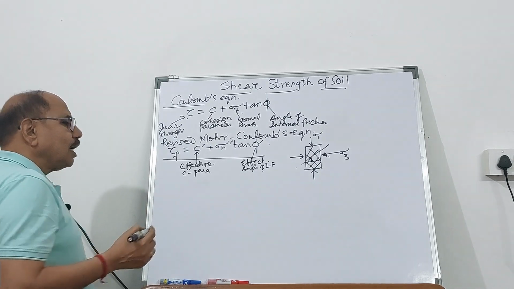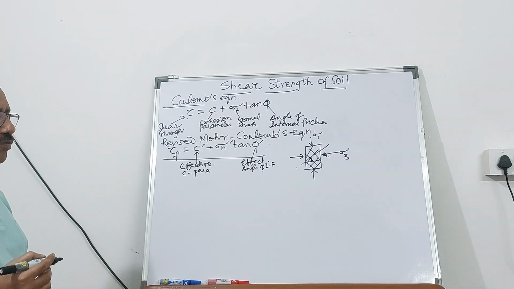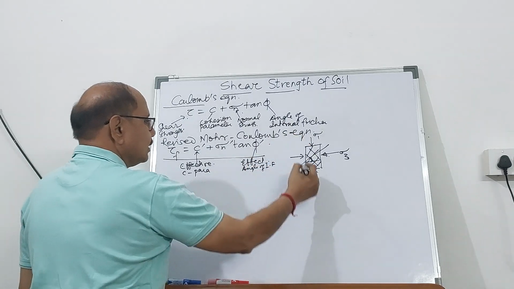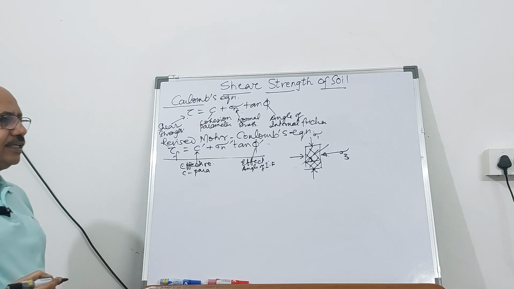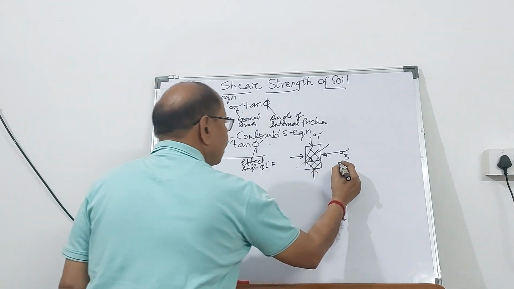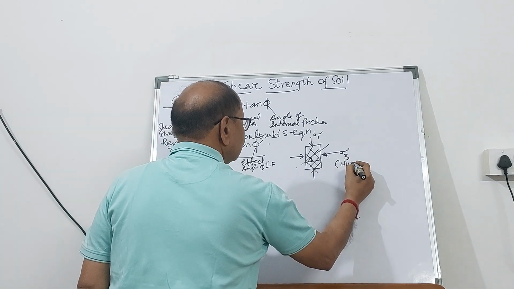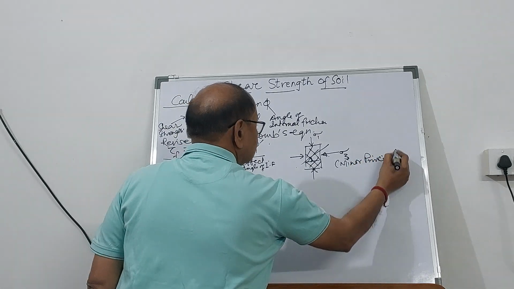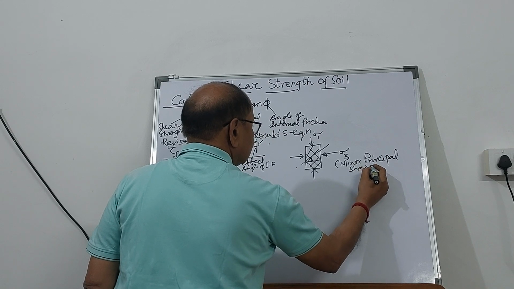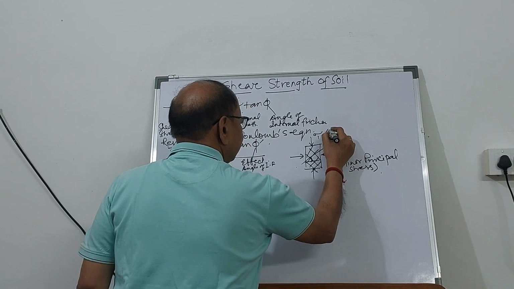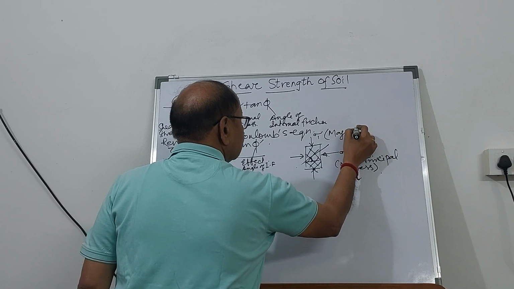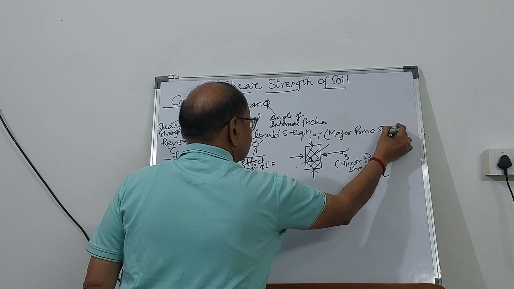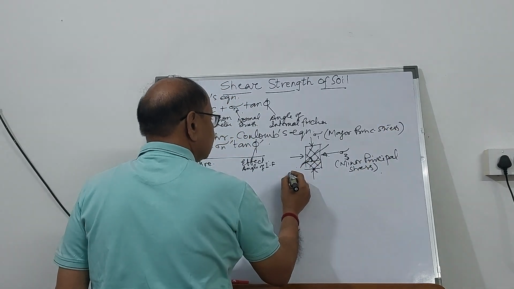If you draw the Mohr circle, that also is very important. If I have a sample like this which is subjected to stress, this is called the minor principal stress, and this is called the major principal stress, and this is the soil sample.